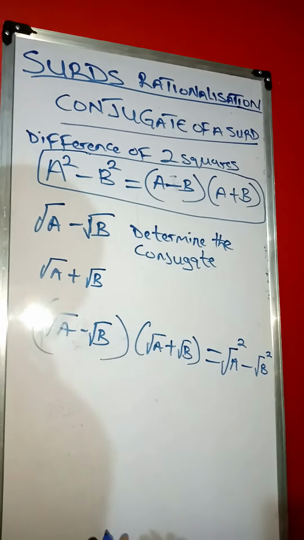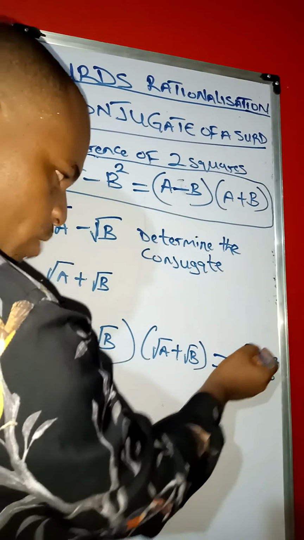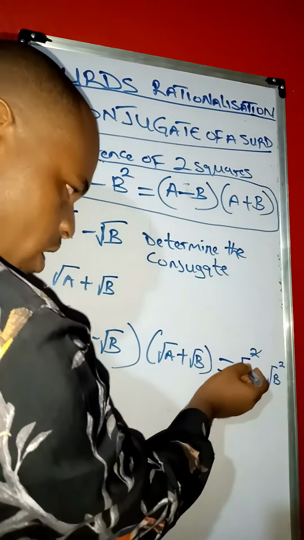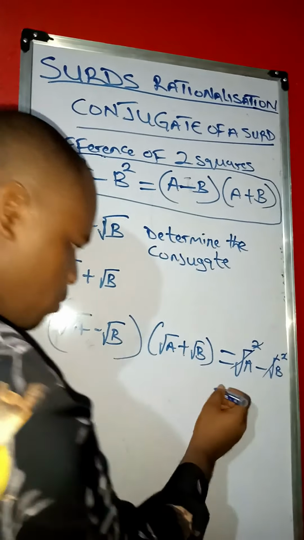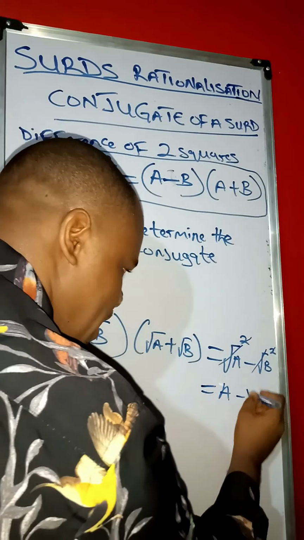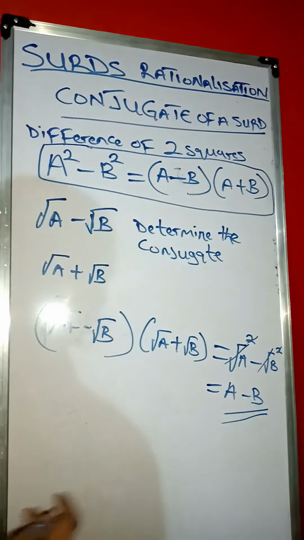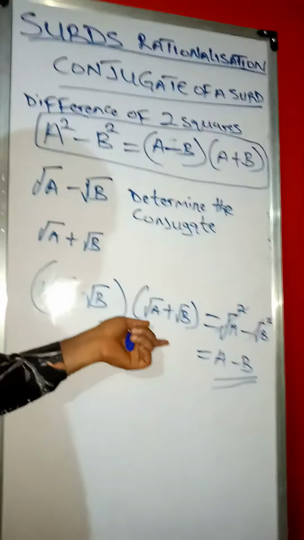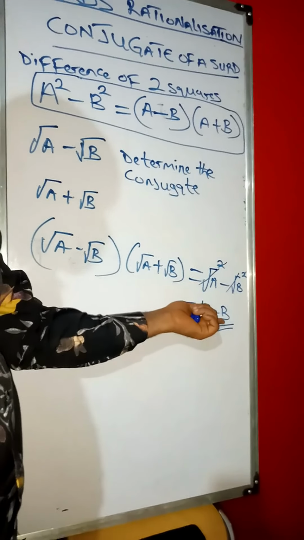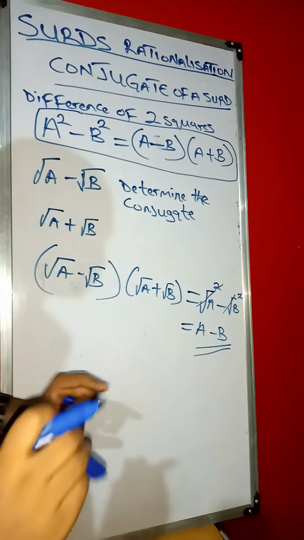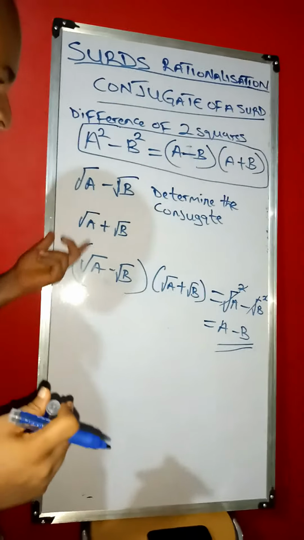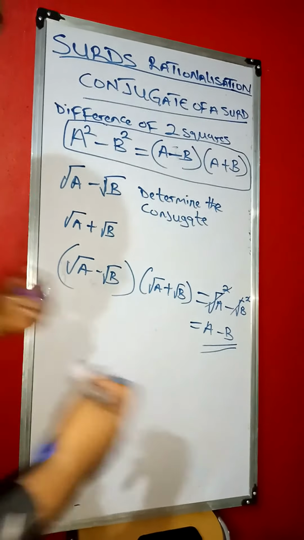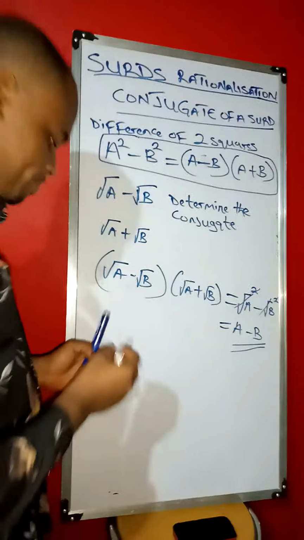What have we succeeded in doing? The square will cancel the square root each time. So I'll be left with what? A minus b. So when I multiply two conjugates of a surd, I'll be having a rational number. So that's the essence why we are introducing conjugate of a surd, so that in our examples we now understand how to apply them.